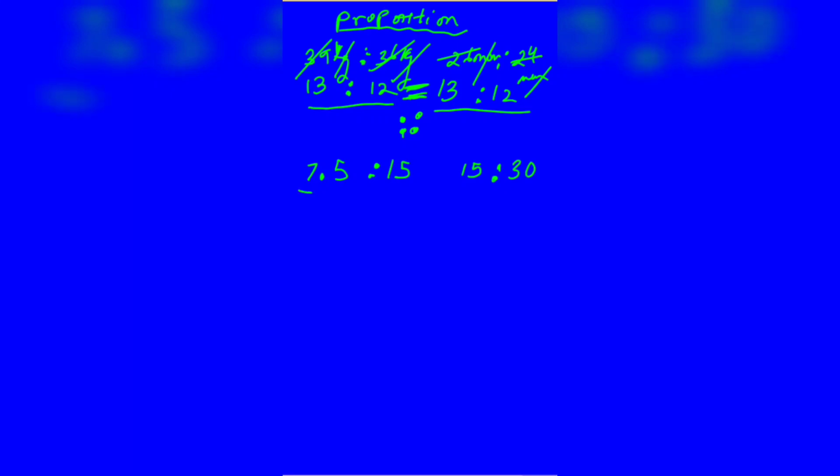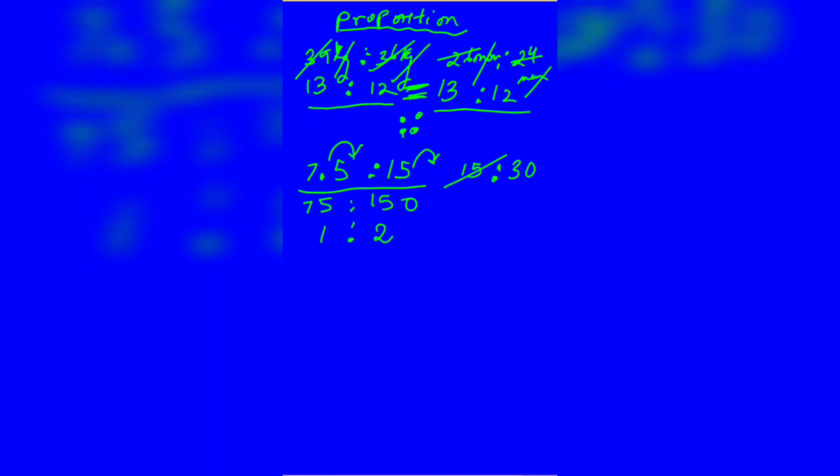So this one is liter and liter, so liter will cancel. Now if I multiply both sides with 10, this decimal will jump here. It will become 75 is to 150. I divide 75 by 75, which is 1. 75 in 150 goes 2 times. Here also 15 ones are 15 and 15 twos are 30. And children will cancel. So 1 is to 2.